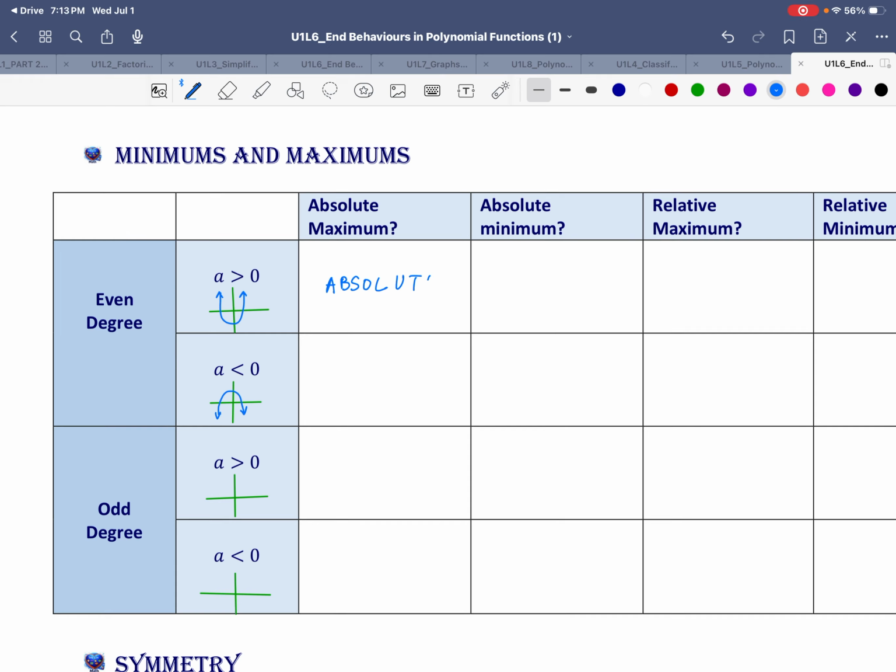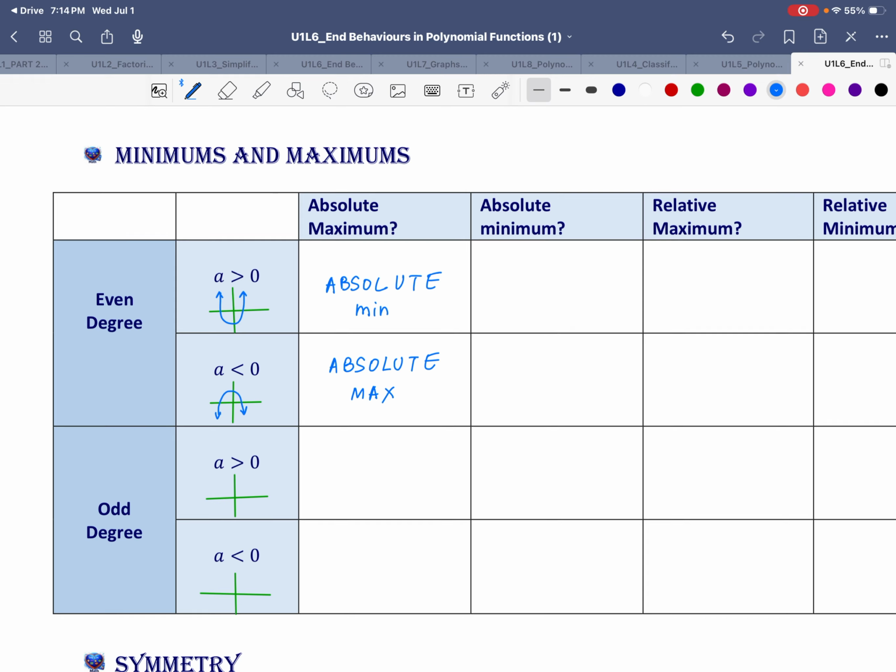And that is not something that I'd encourage you to memorize. It's something that I want you to visualize. So remember the connection that exists across all even degree polynomial functions and draw the conclusion right there. So if you have an even degree polynomial function with a negative leading coefficient, then the graph of the function will show an absolute maximum.